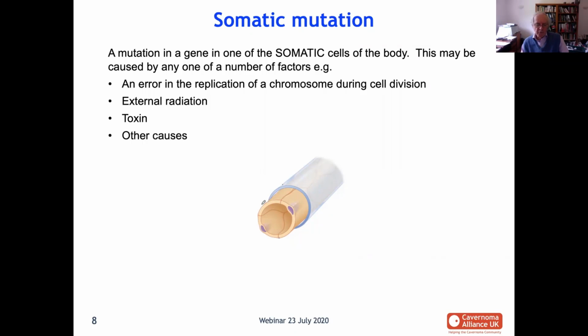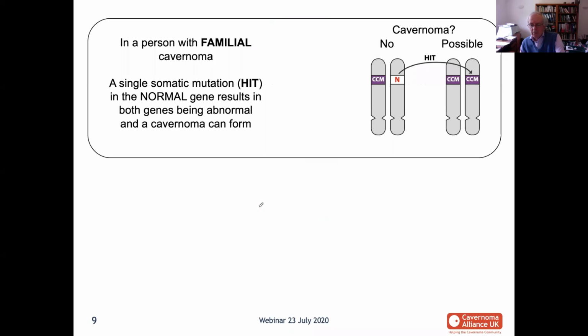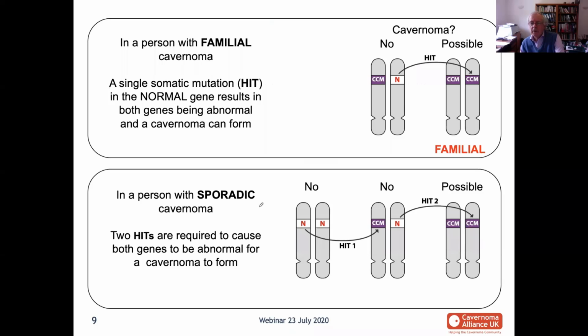When you say both parents have sporadic Cavernoma, these aren't in the germ cells, and so they're not inherited.